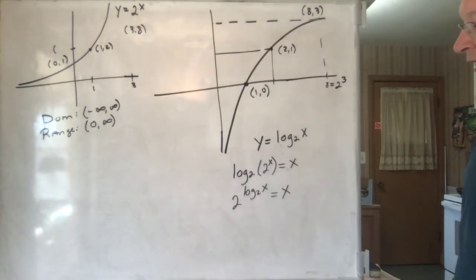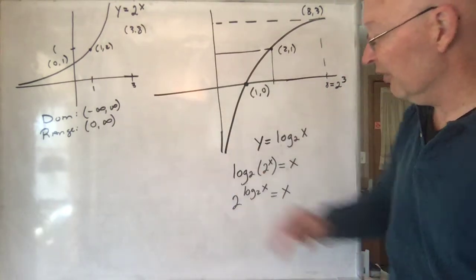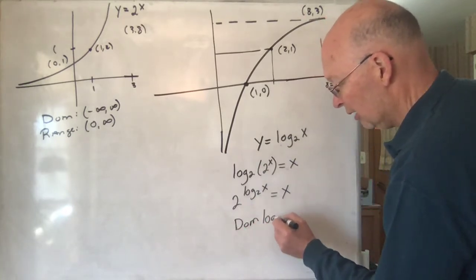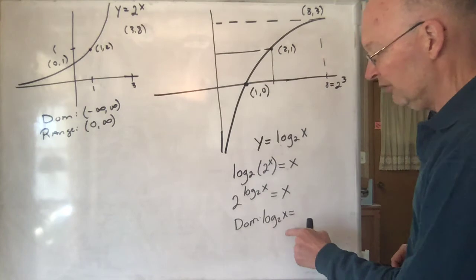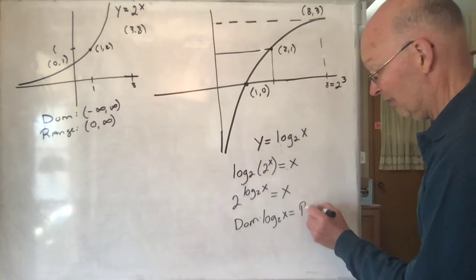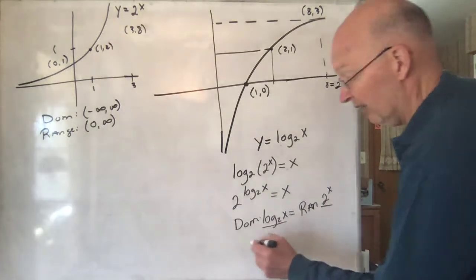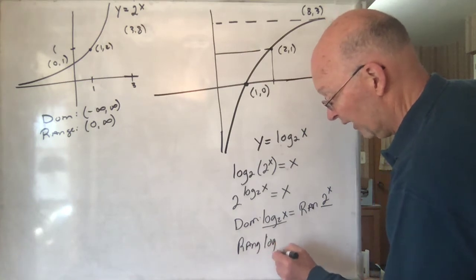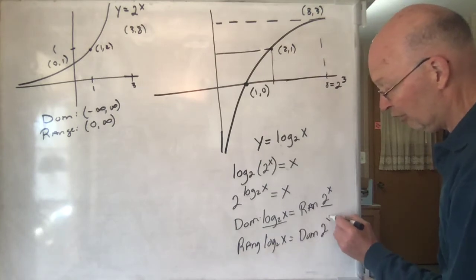And the other thing to notice right off the bat, as is true in general for inverse functions, is that the domain of log base 2 of x is equal to the range of 2 to the x, and conversely the range of log base 2 of x is equal to the domain of 2 to the x.